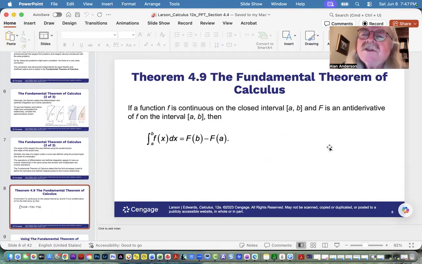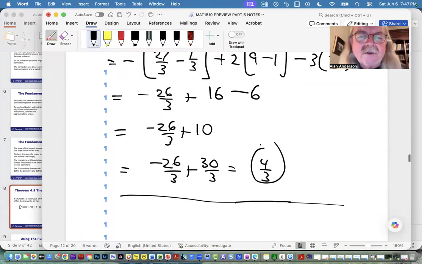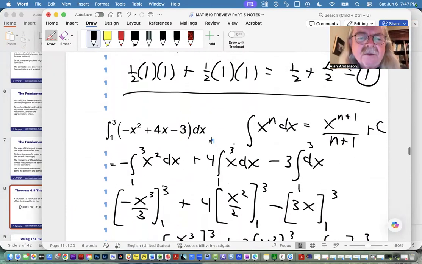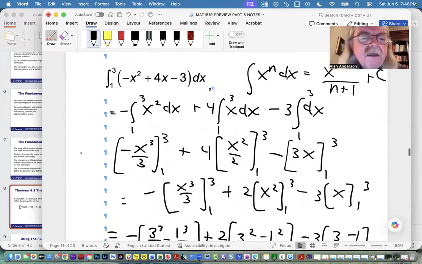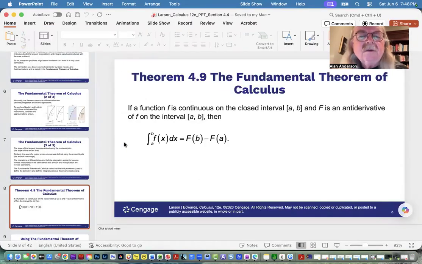Well, this is what justifies what we've been doing all this time, which is to say, when I take a definite integral, like here, what is it that lets me evaluate the integral? And then this part is what the fundamental theorem of calculus is explaining, how this part works. So they're writing it in a very interesting way.